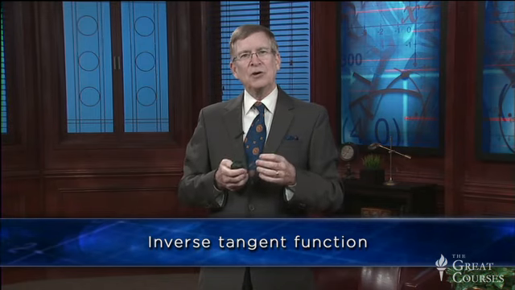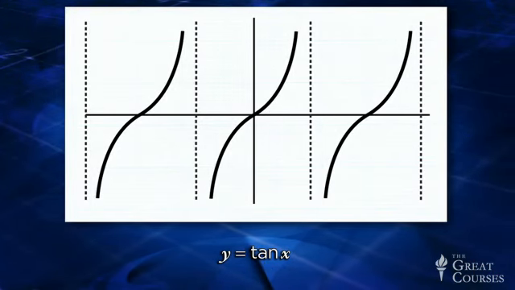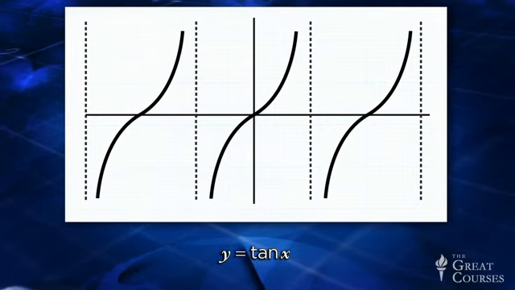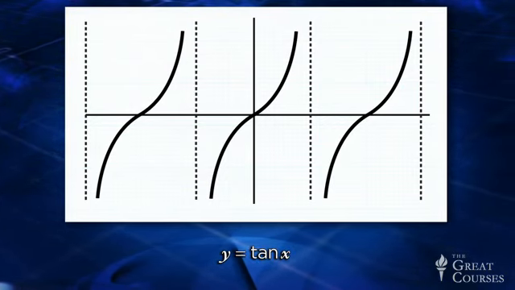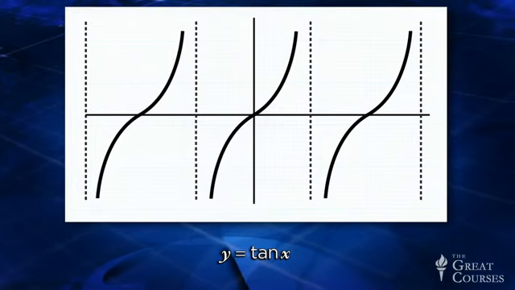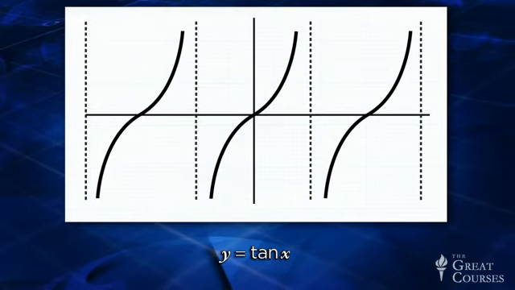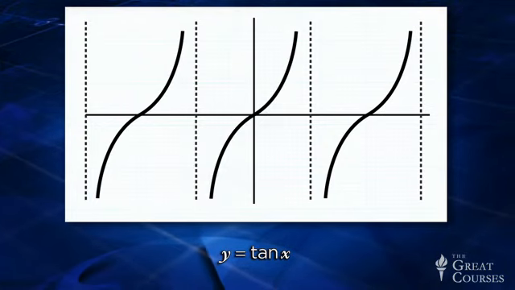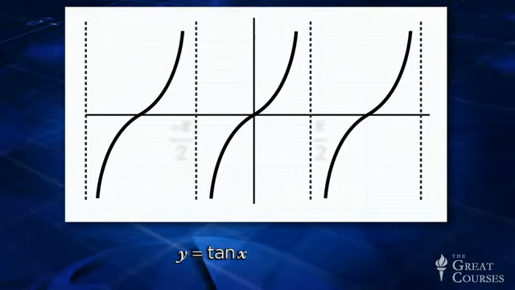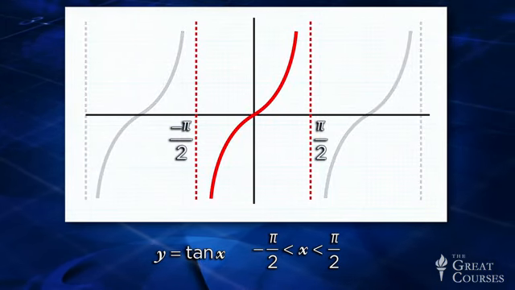Okay, there's another very important inverse trig function I'd like to look at, and that's the inverse tangent function. Now, you'll recall that the graph of the tangent function was not one-to-one either. It was periodic. It had those pieces. So to begin to define arctangent, the inverse tangent function, the first thing we have to do is restrict the domain of the tangent function between minus pi over 2 and pi over 2.